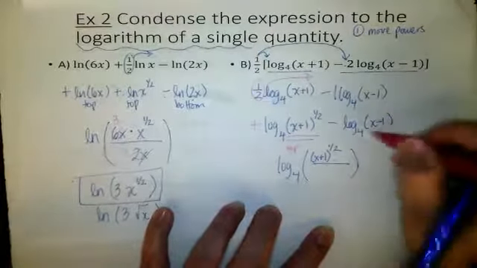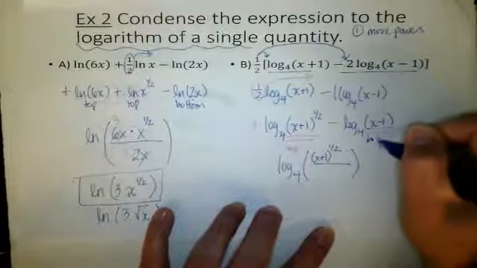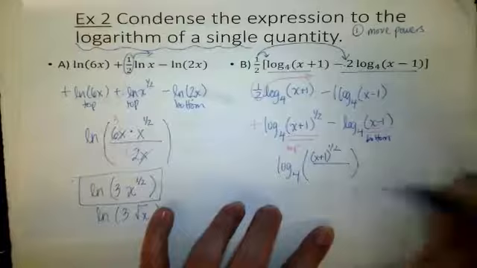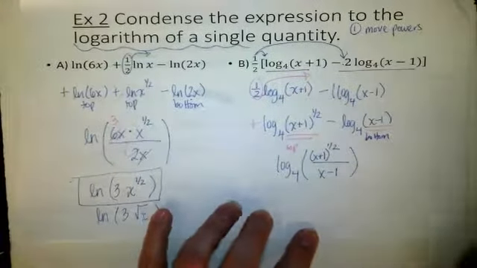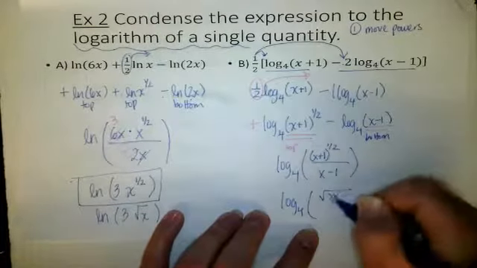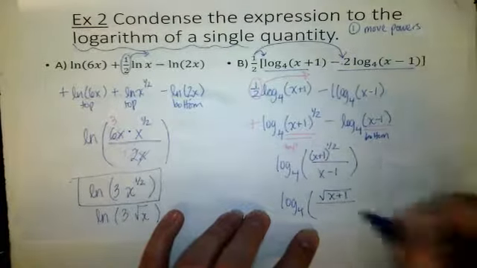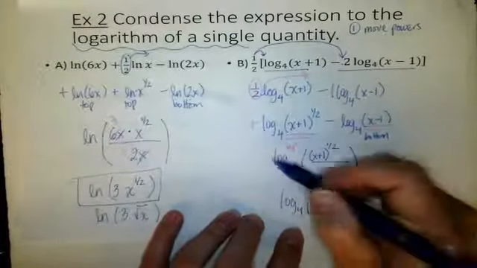And then the x minus 1 goes on the bottom, because it has a negative. So this is a great answer. It's honestly my preferred answer. But 1/2 means a square root, so you could write it with the radical as well.